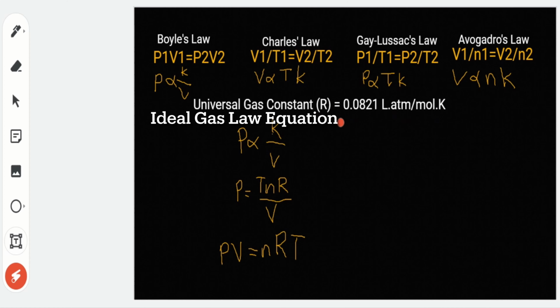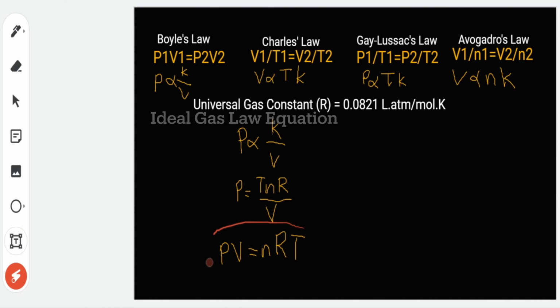The unit of the universal gas constant changes depending on the units used for the different properties of gases. I'm going to show you how this universal gas constant can be calculated at STP, standard temperature and pressure.